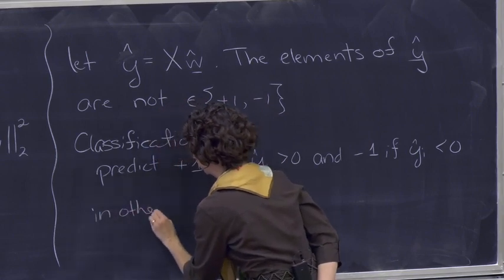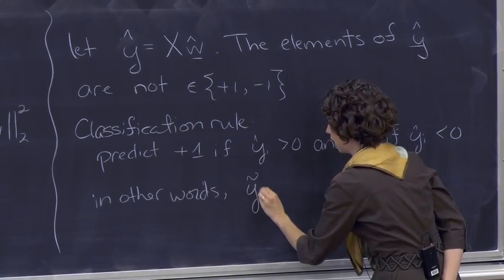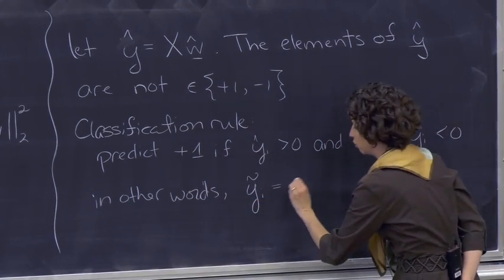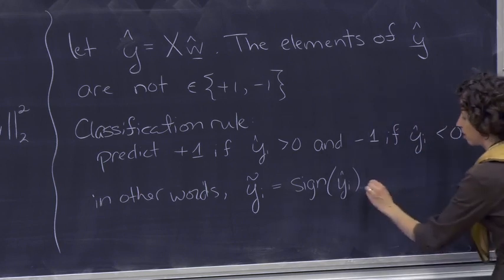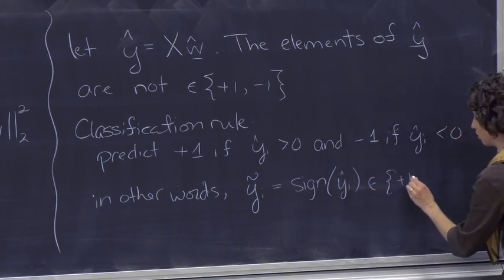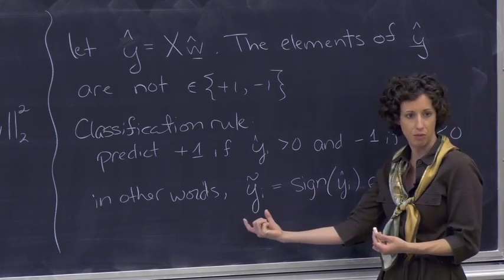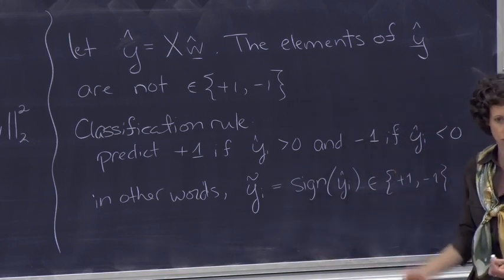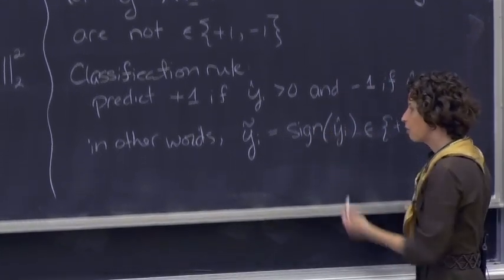In other words, what we could do is define some y tilde i, which is equal to the sign of y hat i. And so now this is actually going to be a label. It's going to be a +1 or a -1. And so now we can actually see not only if y hat is close to y, but whether the labels that we're predicting equal the labels that we actually observed. So this is how we could actually come up with predicted labels.